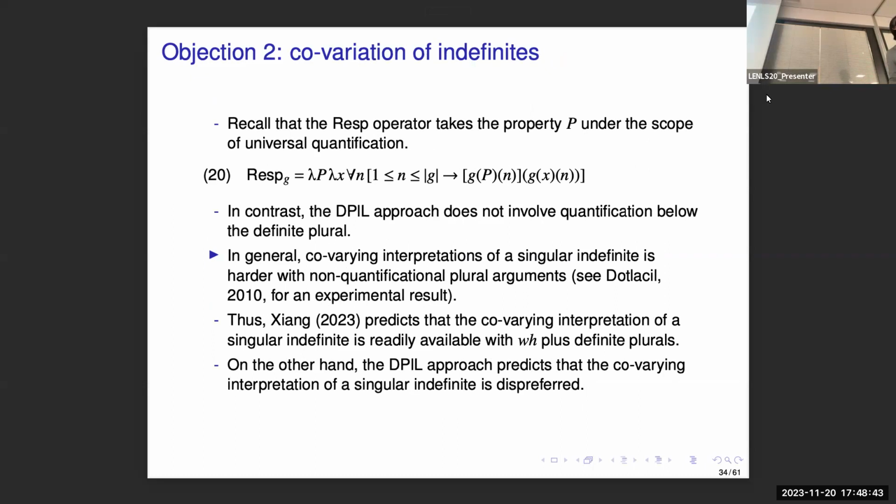You can have a different paper for each student. And in my analysis, there's nothing like this. So the ease of getting the covariation should be the same as saying that students wrote a paper. And there are some experimental results by Dr. Churchill saying it's hard to get a covariation reading of a singular indefinite with a non-quantificational plural.